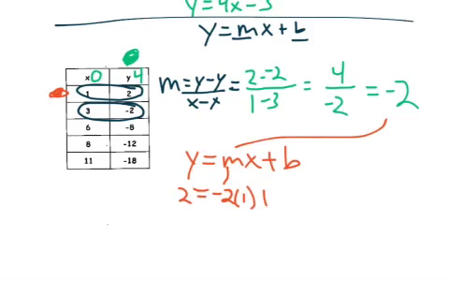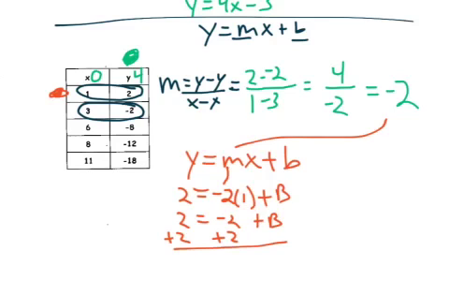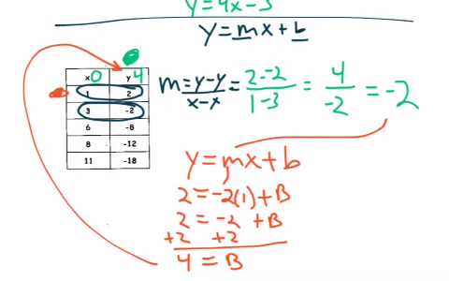That's 1 plus b. So 2 equals negative 2 plus b. Add 2 to both sides. And you see we end up with the same exact answer, 4 equals b, which is what we got by going backwards in the table. So your final equation is y equals negative 2x plus 4.